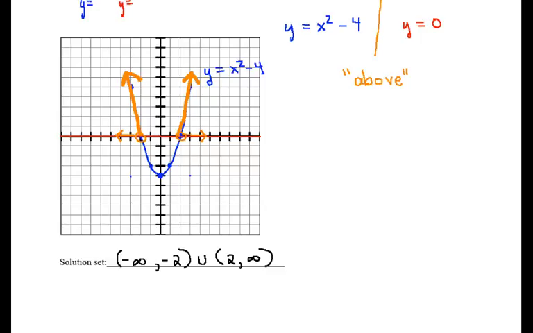What we're going to do next is use this graph to help us establish a procedure for solving quadratic inequalities without drawing a graph. So let's note that I could have used a number line instead of a graph. The two zeros are at -2 and +2, so these are the zeros of the function.